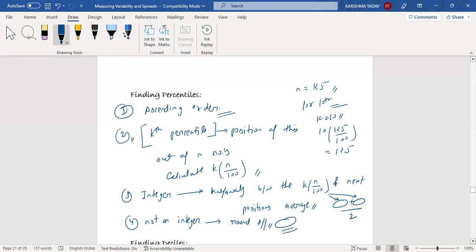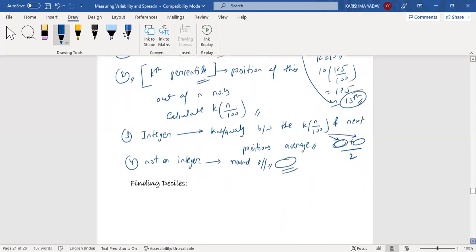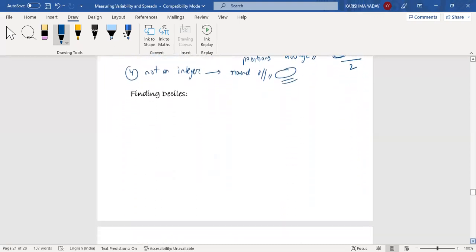So here it will be the 13th position. The number at the 13th position is my 10th percentile. Similarly for the integer case, the number we get after taking the average of the two positions is the kth percentile.